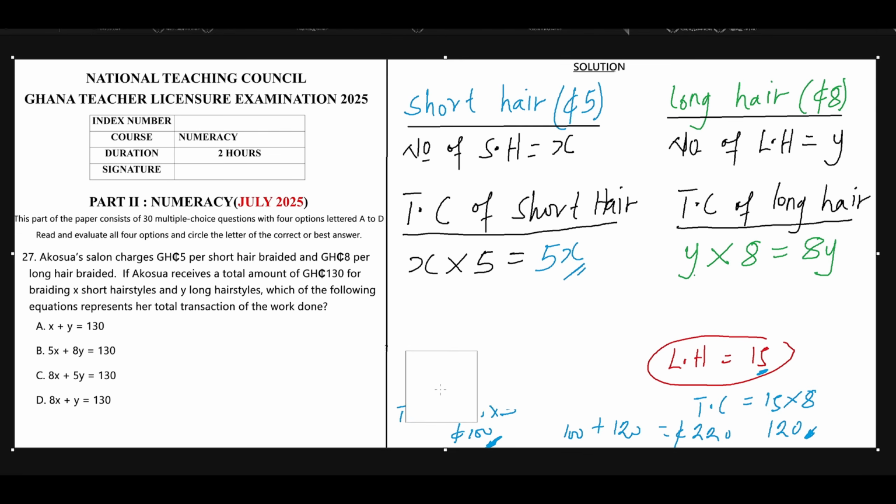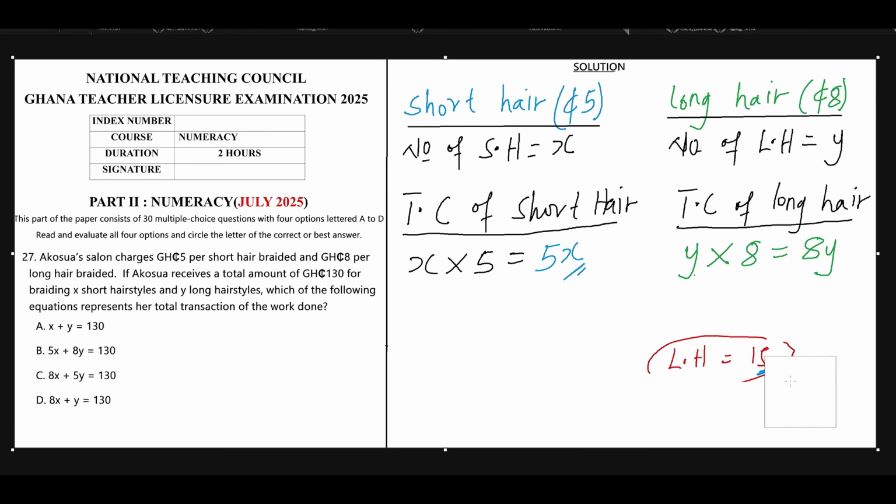Now, we know the total cost of braiding the short hair for the customer, that is 5x, and then we know the total cost of long hair as 8y. So how much will it cost the customer for the short hair as well as the long hair?